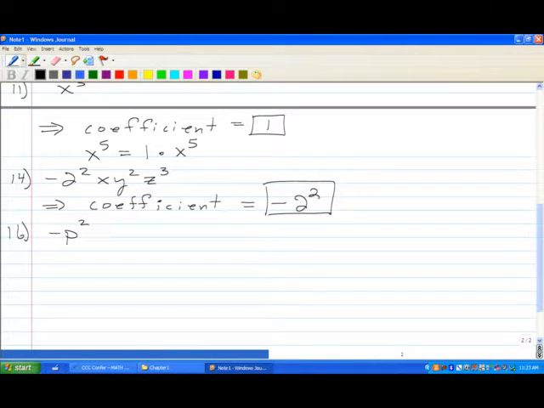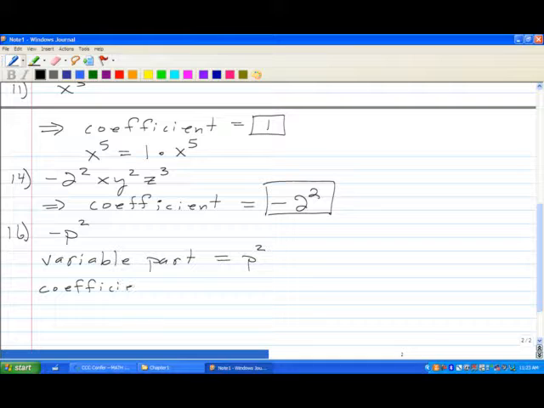So the variable part for this particular term is p squared, and the coefficient is negative 1. Again, because negative p squared can be thought of as negative 1 times p squared.